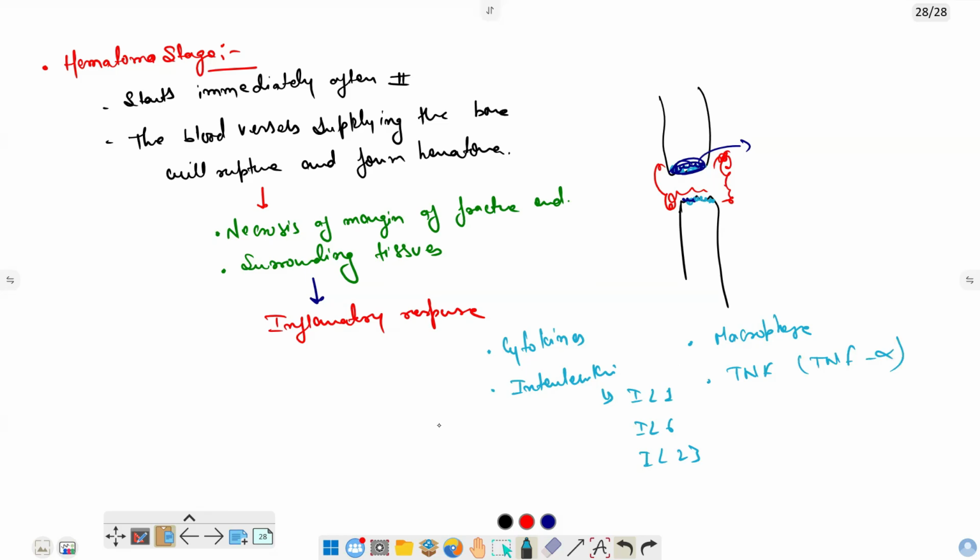After the necrosis, these cells will release these inflammatory mediators, and these will be responsible for the immune response. This will start the immune response, and there will be the entry of more immune system cells.